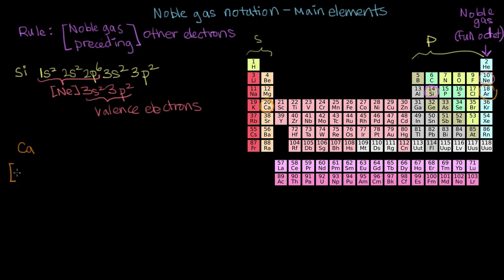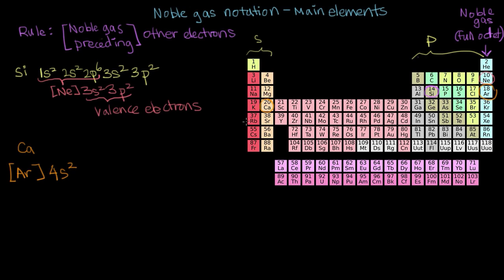So we write argon in our brackets. Then what electrons are not in argon? We move down and we see that we have our 4s electrons, and we have 2 of them. So this is the noble gas configuration for calcium.